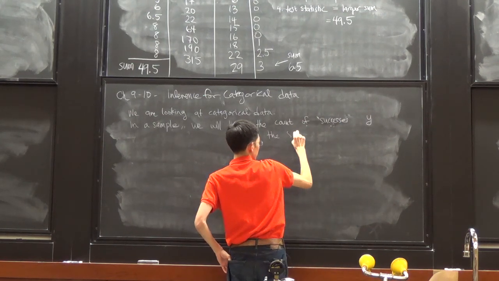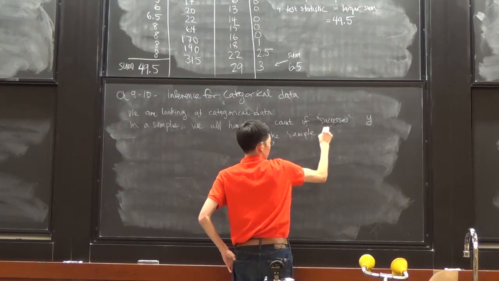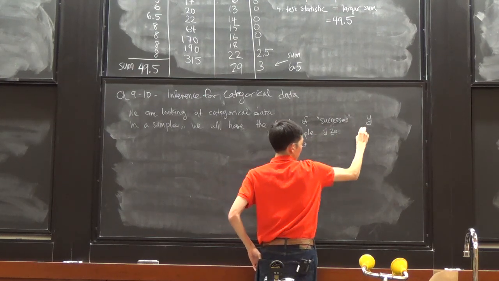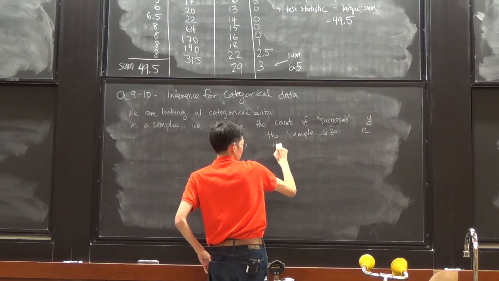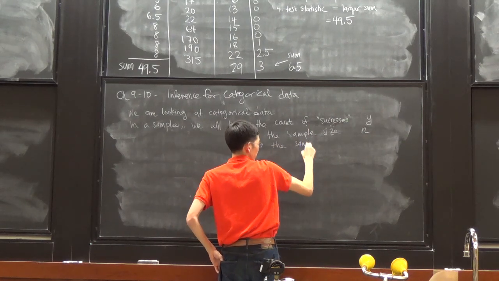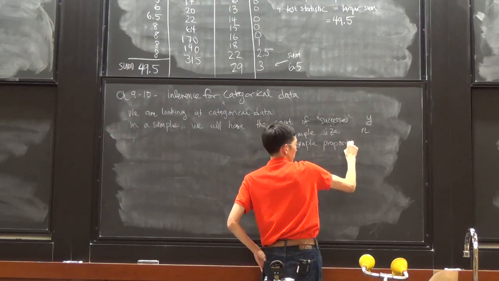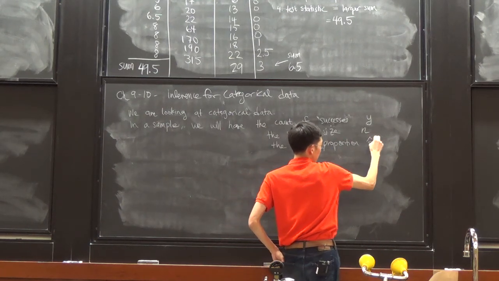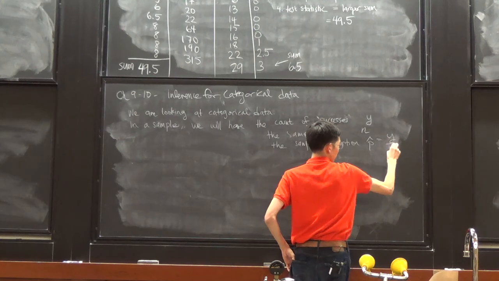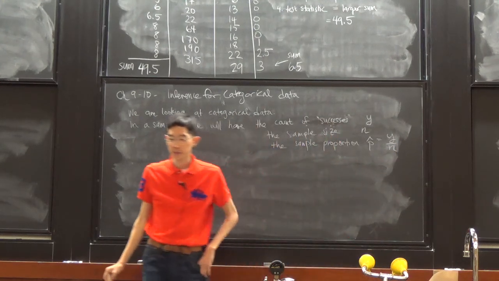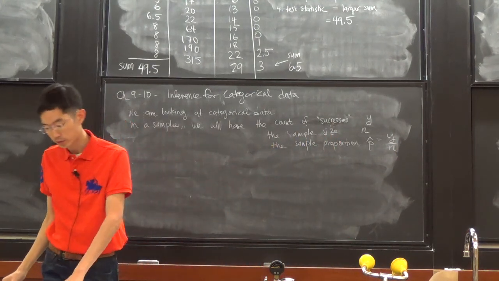The sample size n, and the sample proportion P hat, which is equal to y over n. Simple enough.